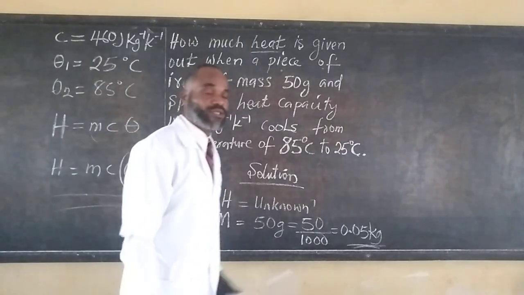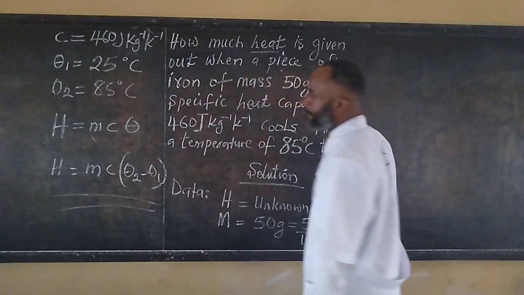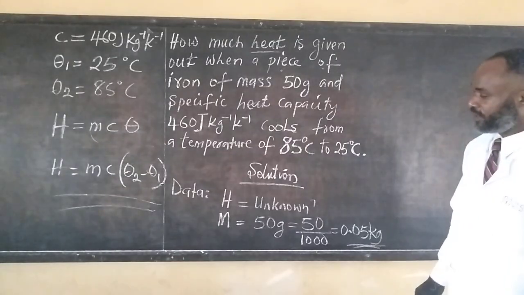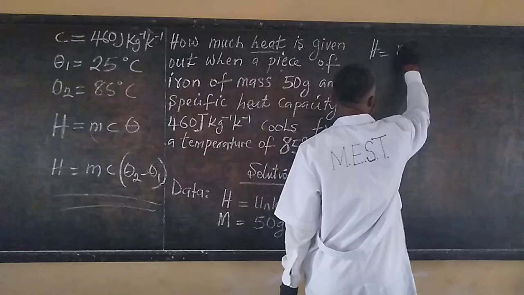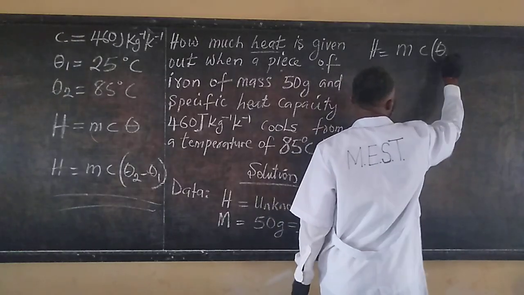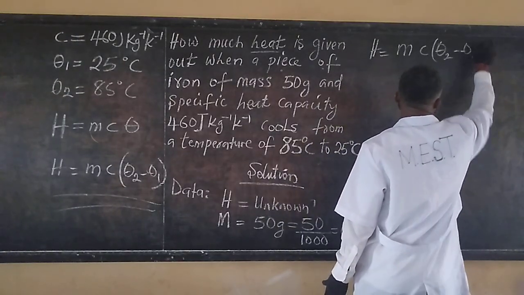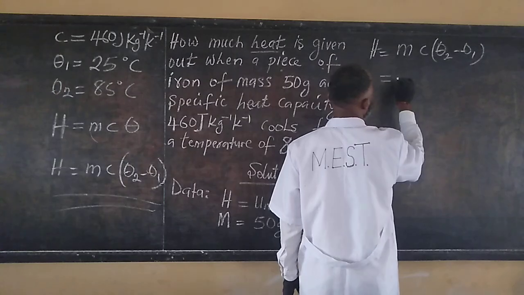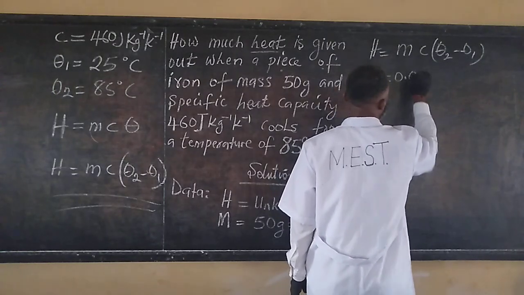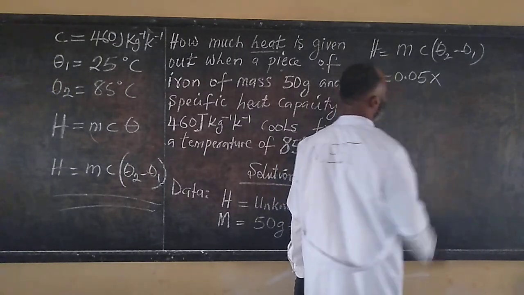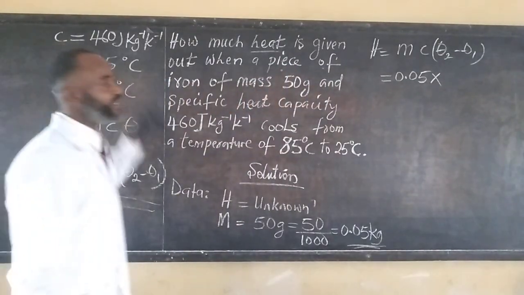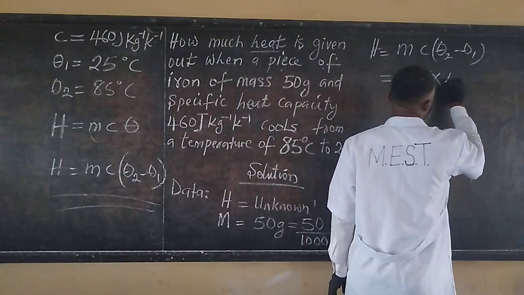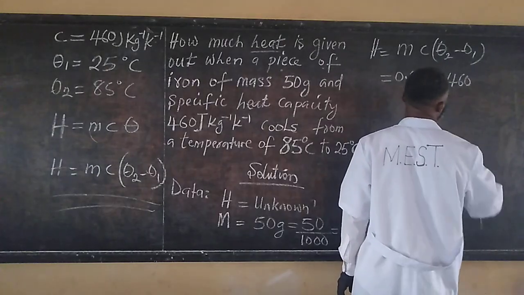So what do we do next? We substitute. Substitution has it this way: H is equal to mc(theta 2 minus theta 1). By substitution, mass is 0.05 times specific heat capacity, which is 460. We may not consider the unit now.